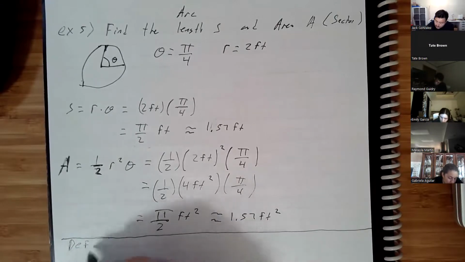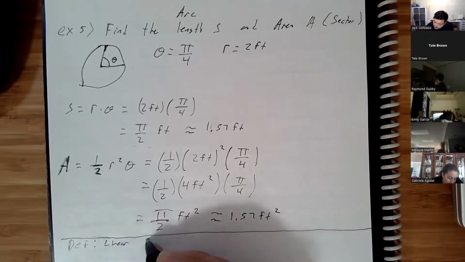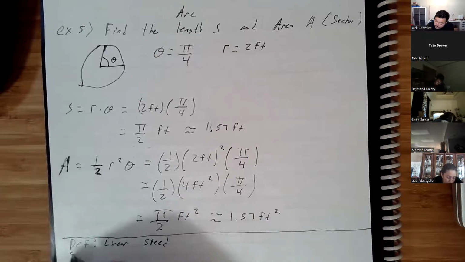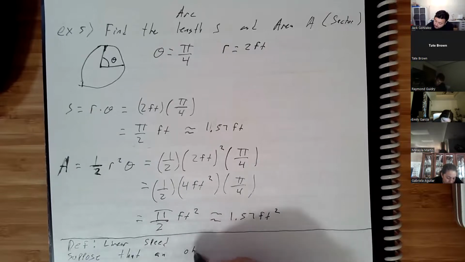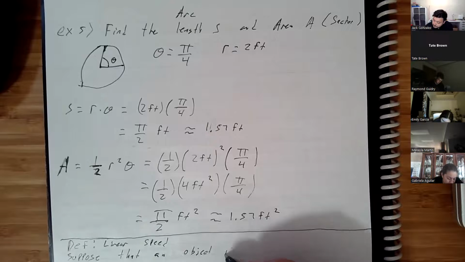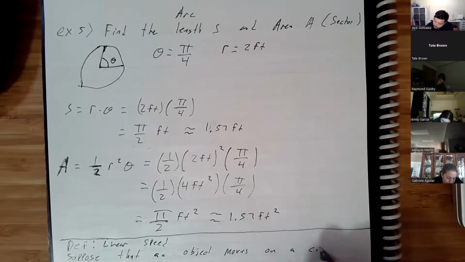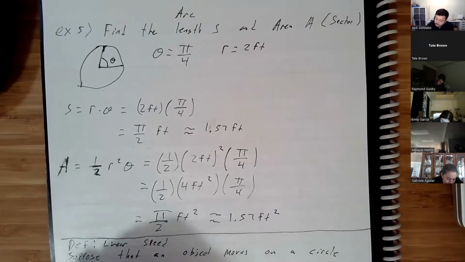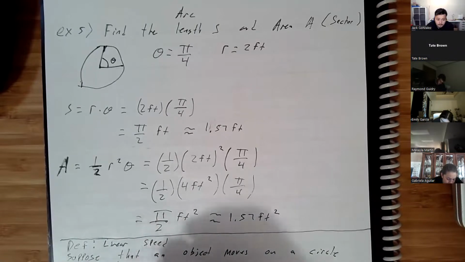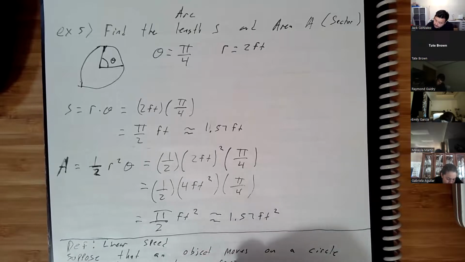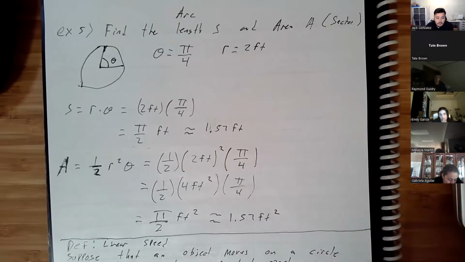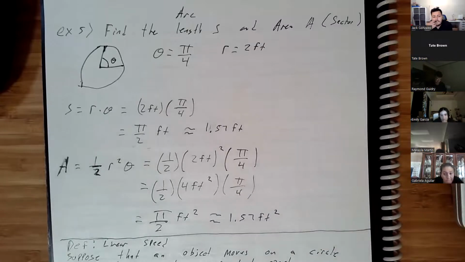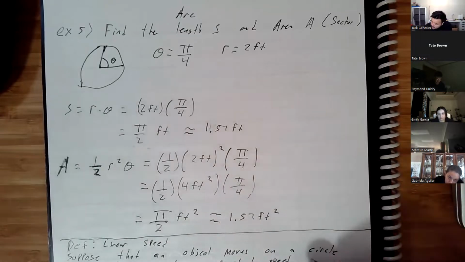The definition of linear speed: suppose that an object moves on a circle of radius r at a constant speed.